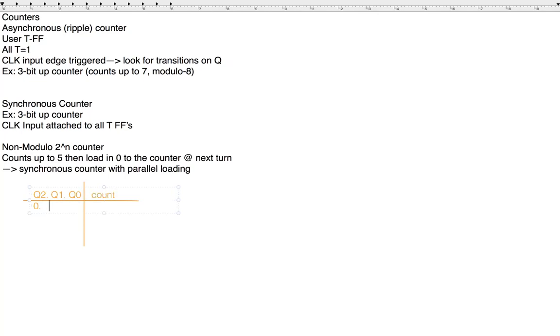So I'm going to have 0, 0, 0, then 0, 0, 1, then 0, 1, 0, and so on. Then we go to 5, and then finally it resets at 0.